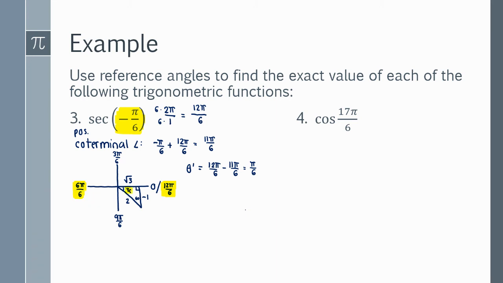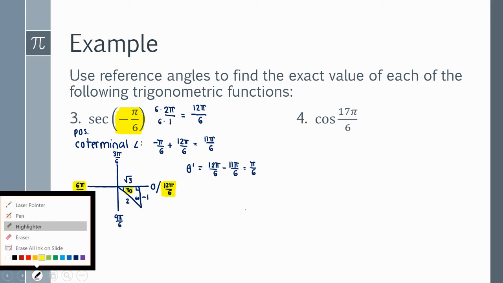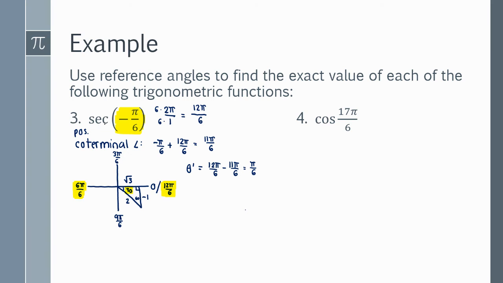So once I have that picture, now I want to focus on the secant of that reference angle, which we now know is 30 degrees. Notice that because we're talking secant, secant is going to be the reciprocal of cosine. And remember, if cosine is adjacent over hypotenuse, I want hypotenuse over adjacent.